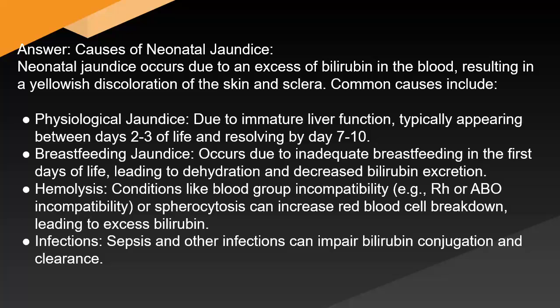Breastfeeding jaundice occurs due to inadequate breastfeeding in the first days of life, leading to dehydration and decreased bilirubin excretion. Hemolysis. Conditions like blood group incompatibility, e.g., Rh or ABO incompatibility, or spherocytosis can increase red blood cell breakdown, leading to excess bilirubin. Infections. Sepsis and other infections can impair bilirubin conjugation and clearance.